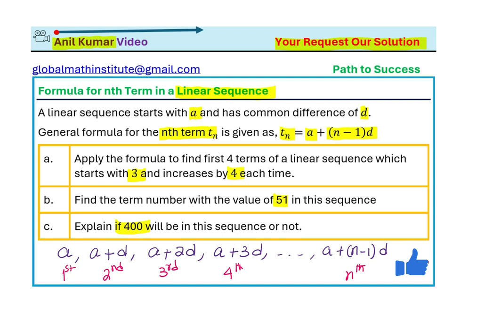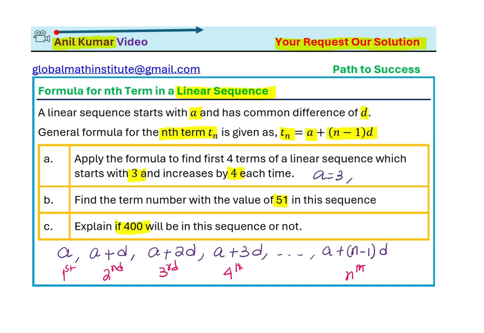And now from here, we need to understand how we use this formula effectively. So you understand now here we have listed the first, second, third, and fourth term, and also the nth term. Now the question says apply the formula to find the first four terms of a linear sequence which starts with 3. That means A equals 3.